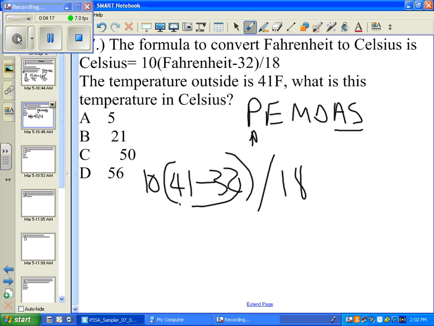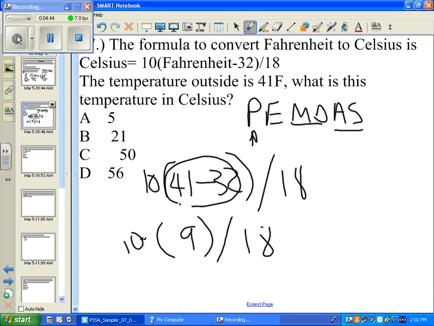Okay, so let's do this. We do what's inside of our parentheses first. 41, take away 32, and we end up with 9. And now, following our order of operations, we have a multiplication and we have a division. Multiplication implied here and division here.